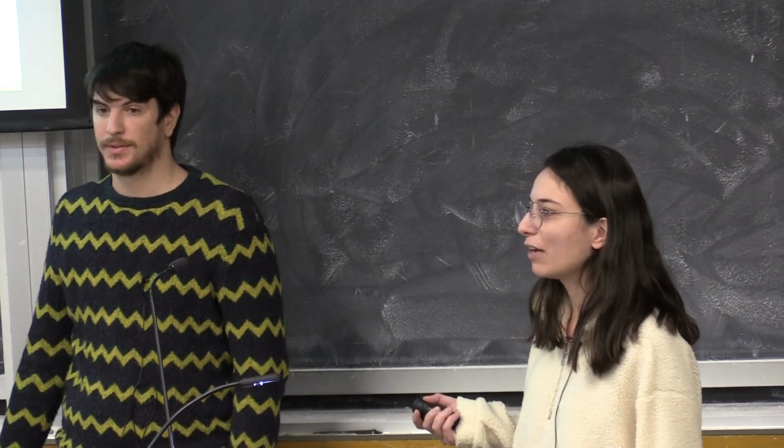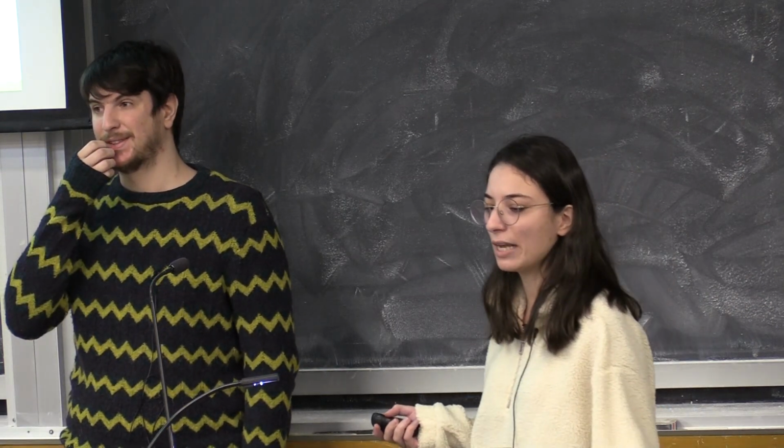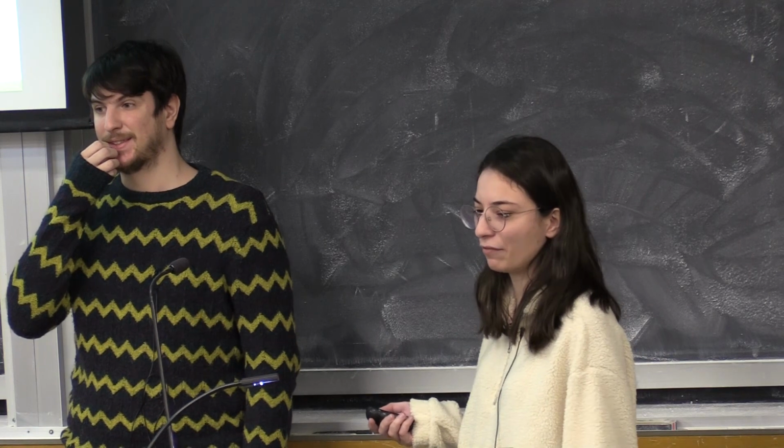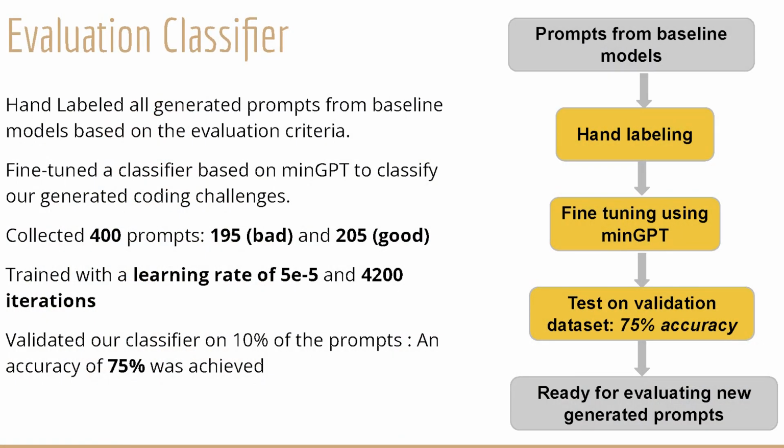So to be able to evaluate these fine-tuned models, we implemented an evaluation classifier where we collected the prompts from our baseline model, and we hand-labeled each of these generated prompts based on the criteria that we've mentioned before. We collected around 400 prompts, where we had 195 labeled as bad and 205 as good prompts.